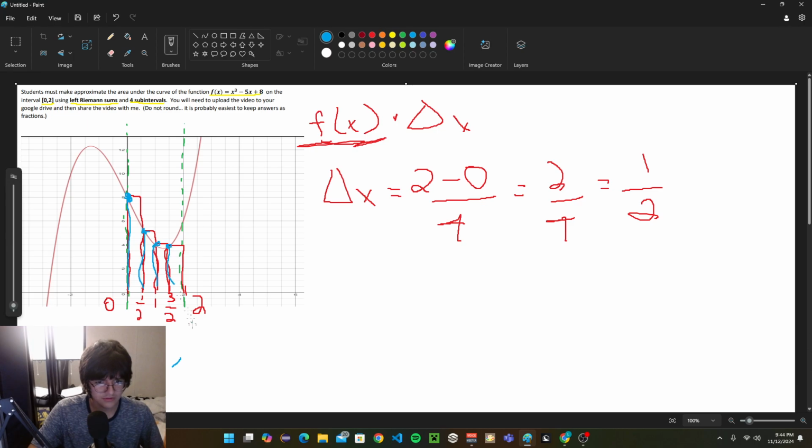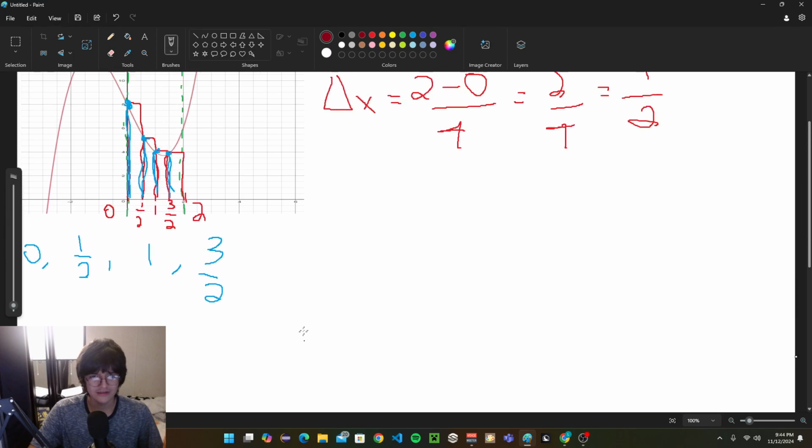And you would also use 3/2. You don't use 2 because it is not touching the graph, and it's not left Riemann sums. If it was right, 2 would work and 0 would not. So you have to use whatever x is on the left side, that's what you're going to plug in for x.